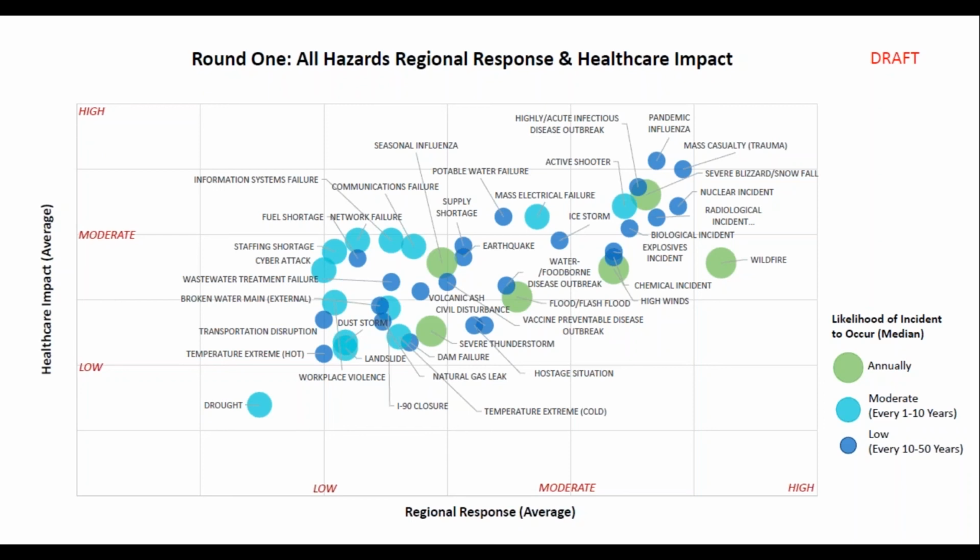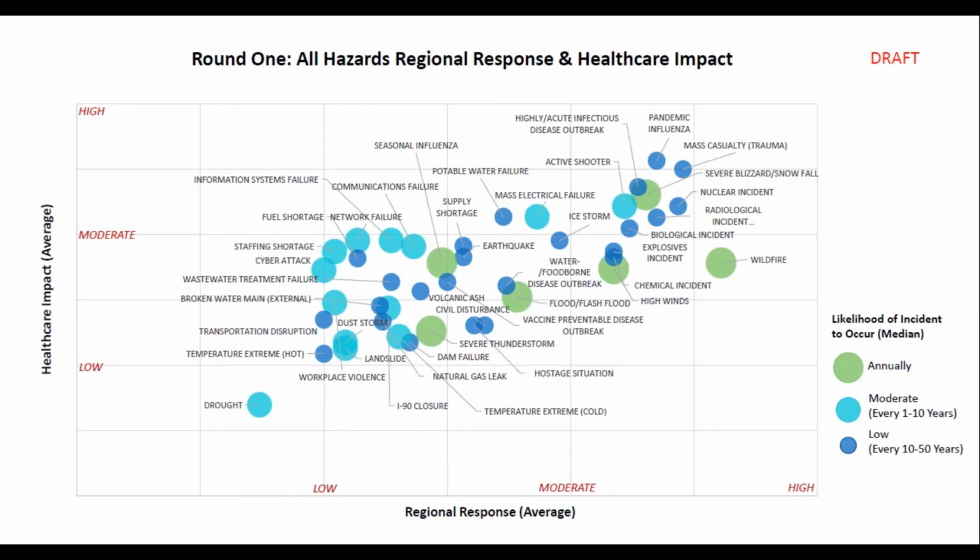And then you can see it goes low to high on the bottom and then low to high on the top. So the hazards that are grouping up in here are what we've been seeing as higher response probability, as well as higher impact level.